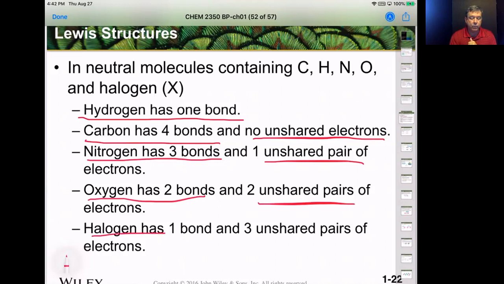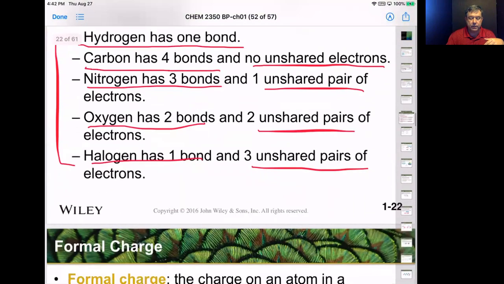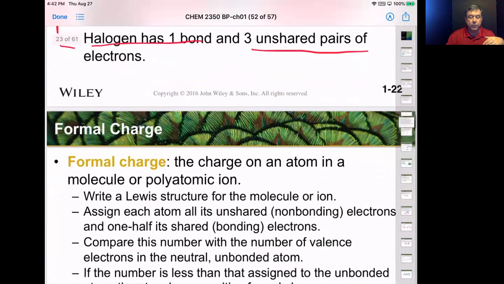And a halogen will have 1 bond like hydrogen, however, it'll also have 3 lone pairs available to it. We'll see these rules followed in almost every compound we're ever going to write for these neutral systems. So this sums up the last of the Lewis dot structures, and we can move on to formal charge.